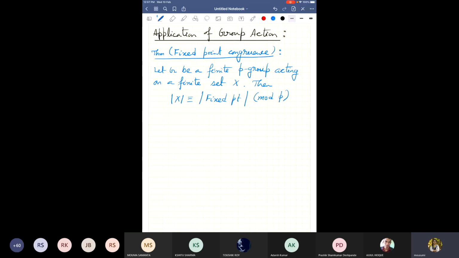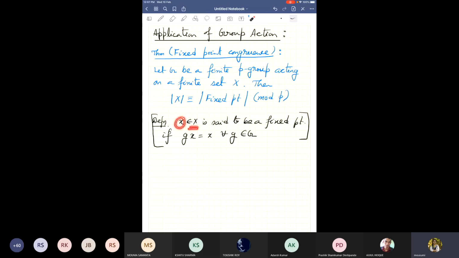So what is a fixed point? We say that x belonging to X is said to be a fixed point if x remains fixed under the group action of G. That means gx is equal to x for all g belonging to G. So I have a group action from G cross X to X, and a point of this set X is a fixed point if gx, acting this group G on the set X, gives me x for all g.